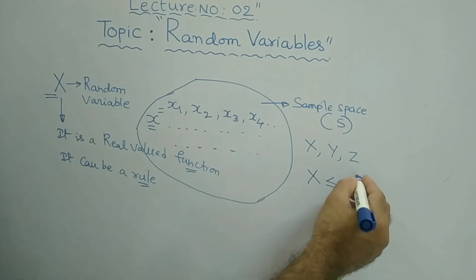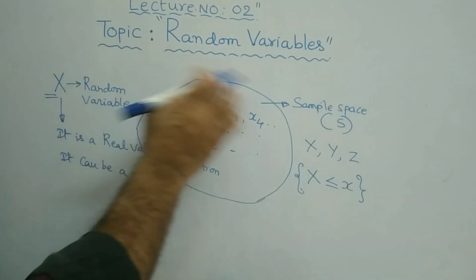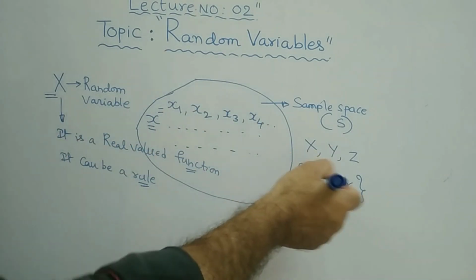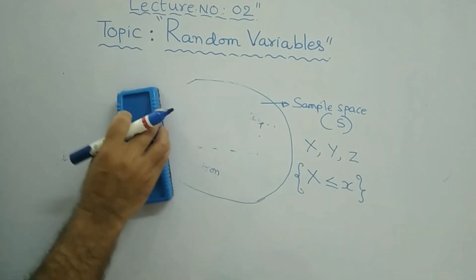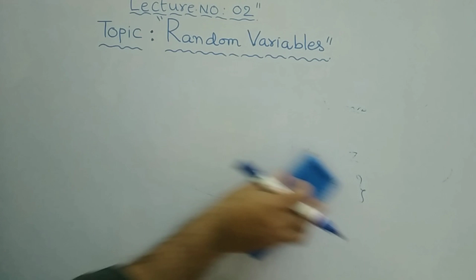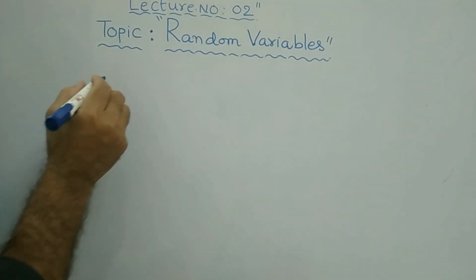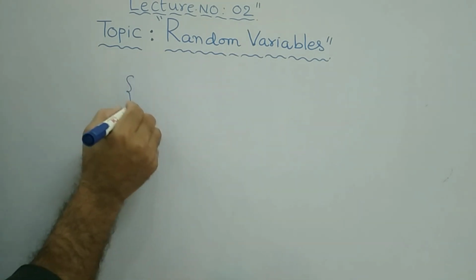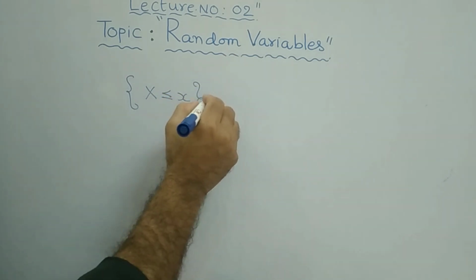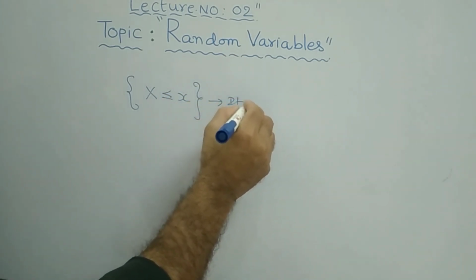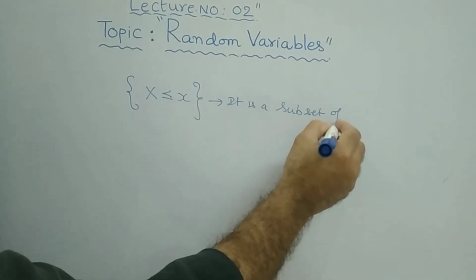If you write it like this, in bracket form, that is called a subset. That is, capital X less than or equal to small x is a subset of the sample space S.